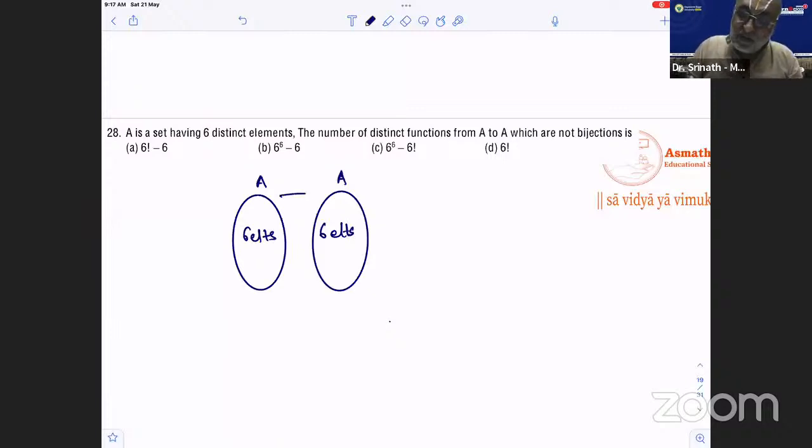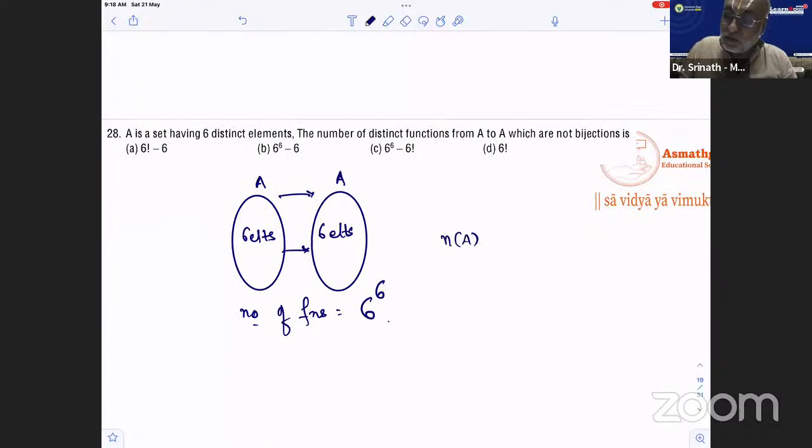How many functions are possible? The number of functions will be 6 to the power of 6 here. It's actually n of B to the power of n of A, like this it should be. So 6 to the power of 6 is the total number of functions.